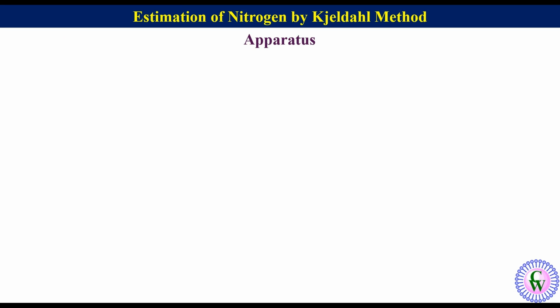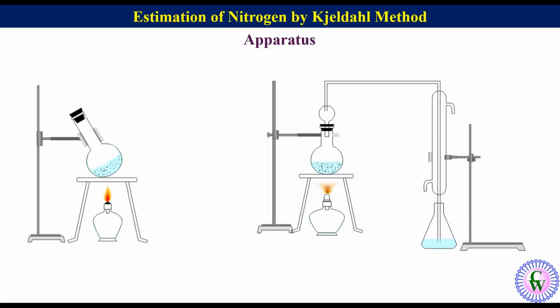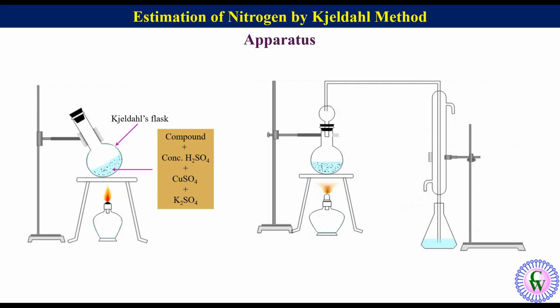Coming to the apparatus. The apparatus used in Kjeldahl method can be shown like this. There is a flask called Kjeldahl flask that contains compound to be analyzed, concentrated H2SO4, CuSO4 and K2SO4. This is the source for heating sample.